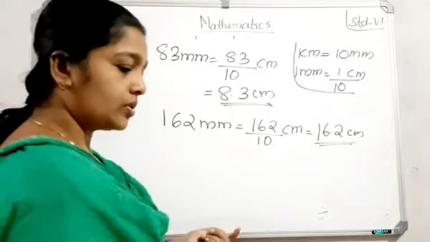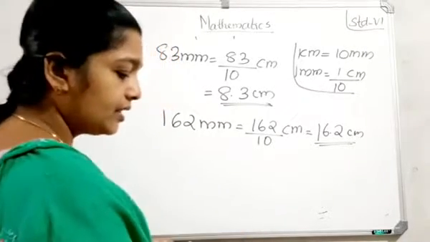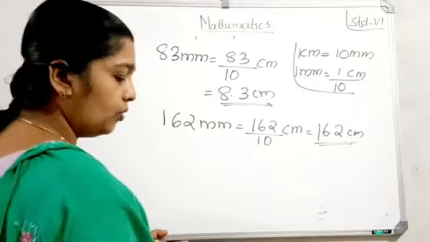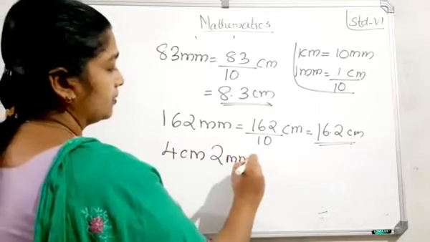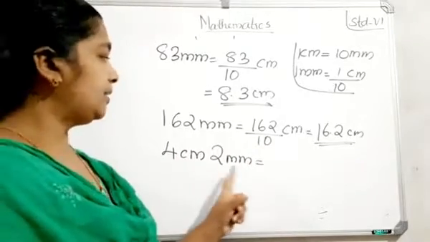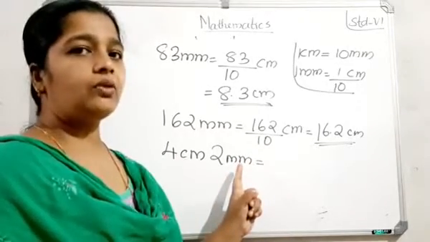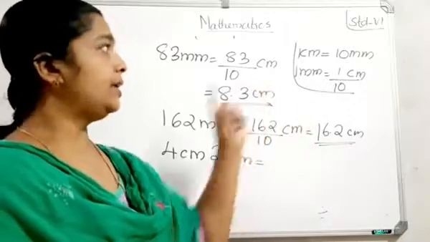Next question, 4 centimeter 2 millimeter. Here we have centimeter and millimeter, and we want to convert into centimeter only.